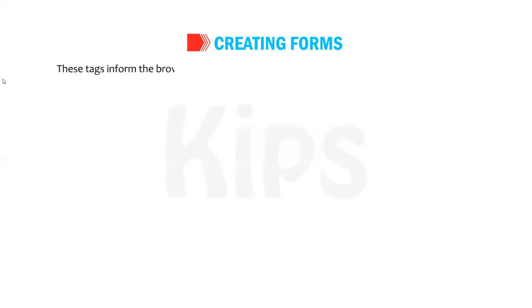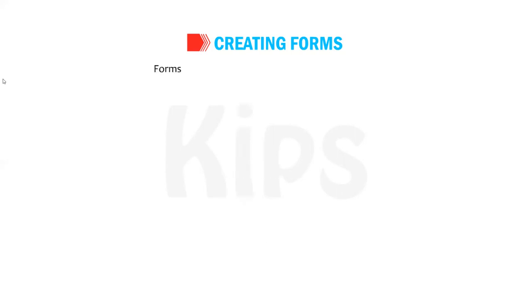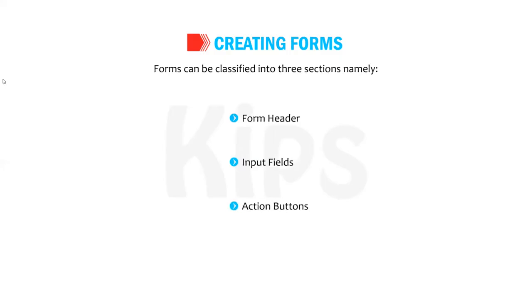These tags inform the browser that anything specified between them belongs to the form. <html><body><form>form elements</form></body></html>. Forms can be classified into three sections, namely form header, input fields, and action buttons.